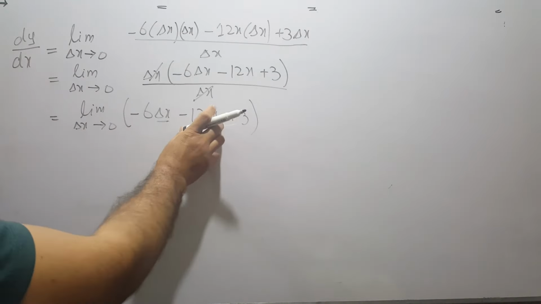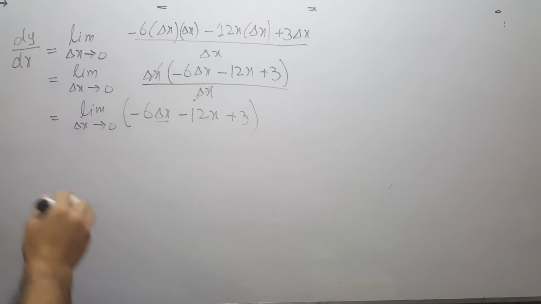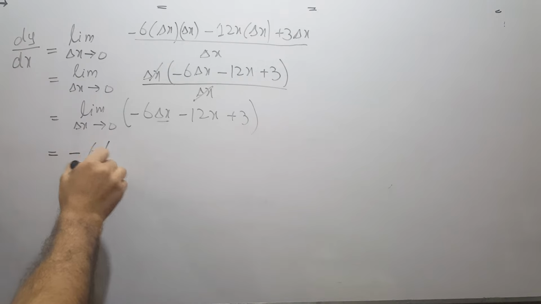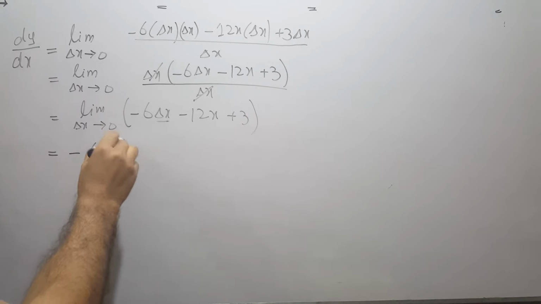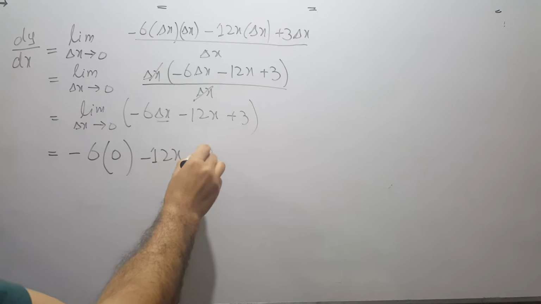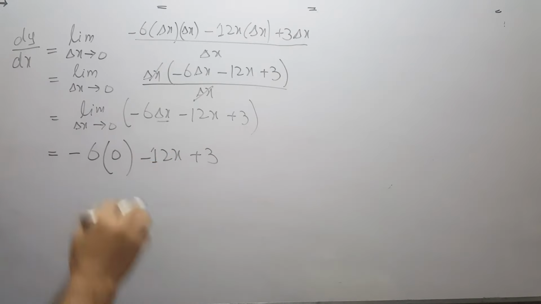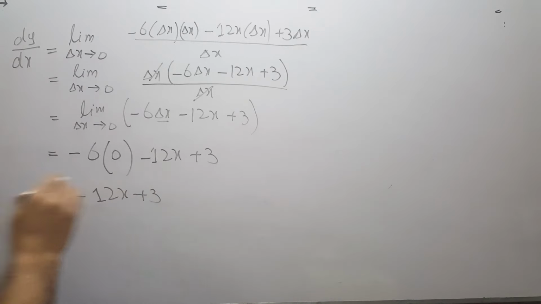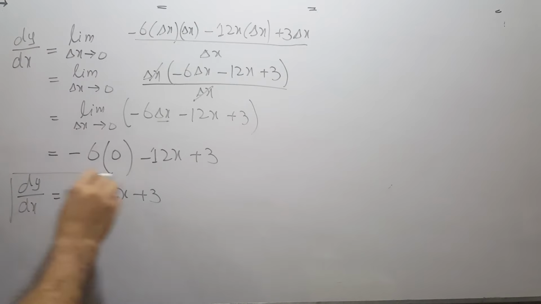This would be considered as constant, this will be considered as constant. So when you apply the limit, minus 6, instead of delta x we will put 0, and minus 12x as it is and plus 3 as it is. So this gives us minus 12x plus 3 as your dy by dx.